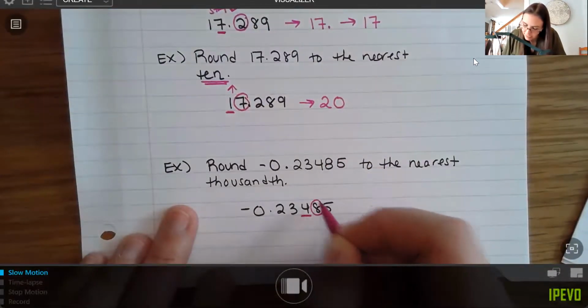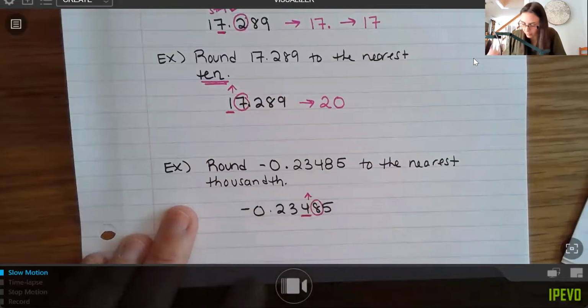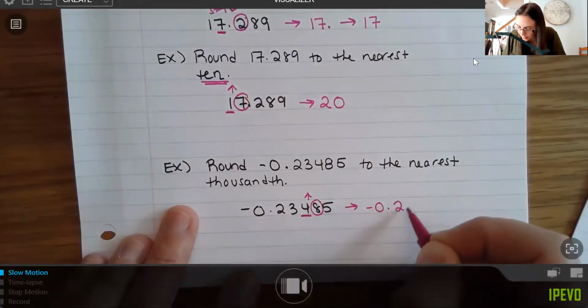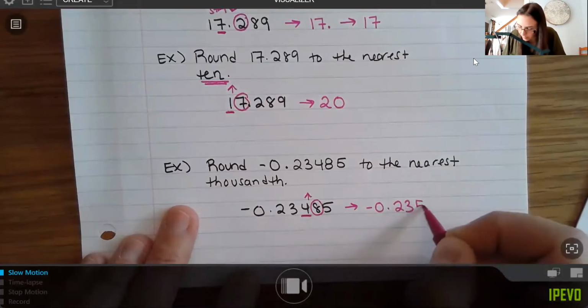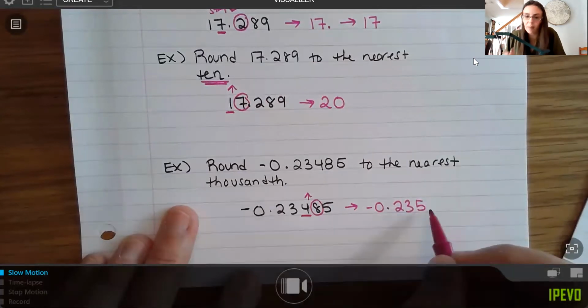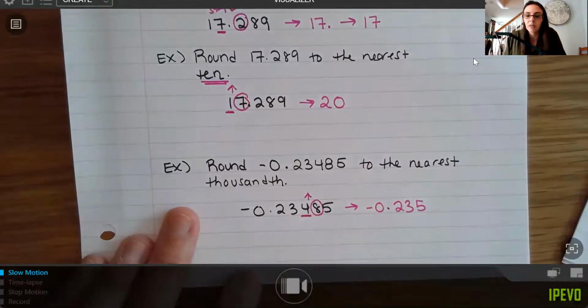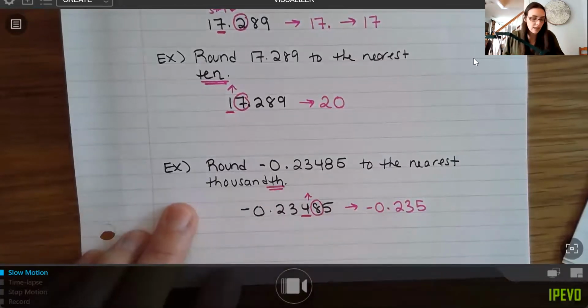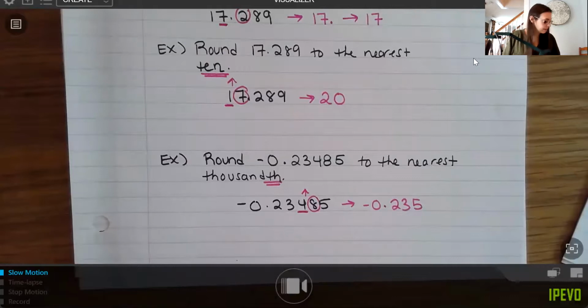The number to the right is an 8, which happens to be in that big category, so it's going to bump this up. My leading digits all stay the same. The 4 becomes a 5, and because I'm to the right of the decimal, I drop everything else. So I'm going to round this to about negative 235 thousandths. Okay, so again, just watch out for that slight change in wording because it does make a big difference here.